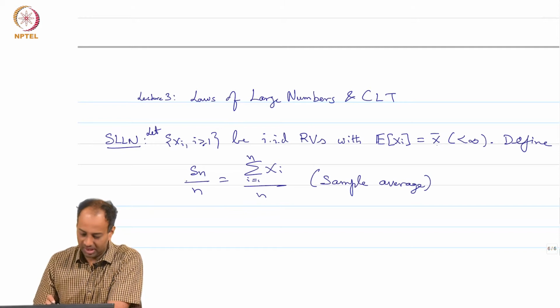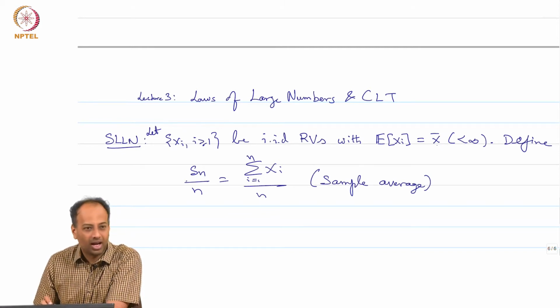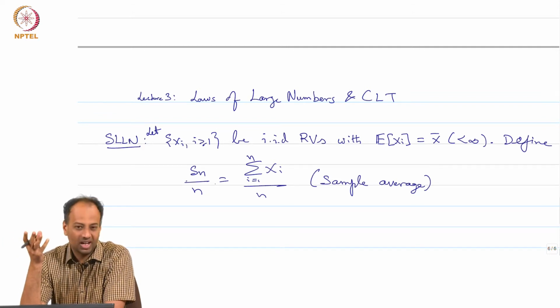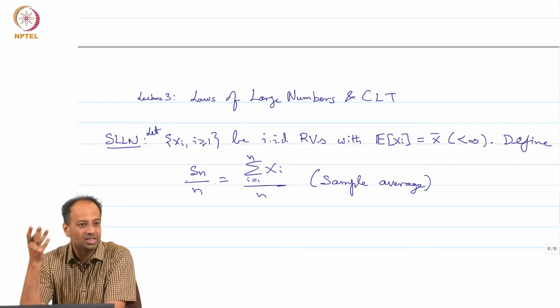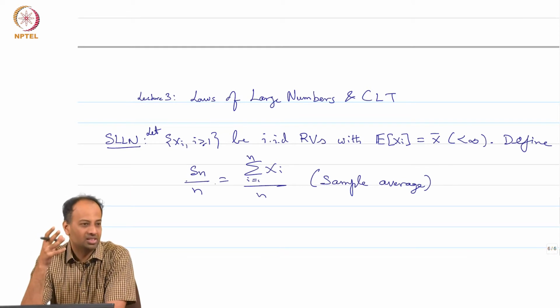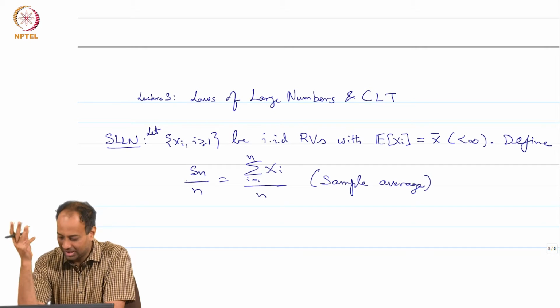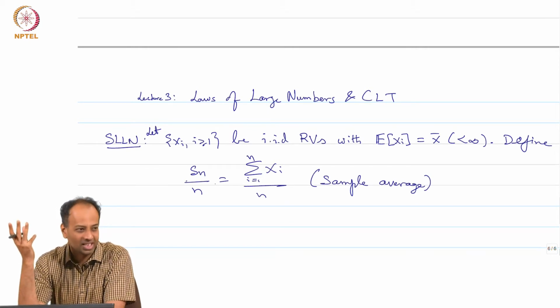Then you generate a million IID samples of these random variables xi, and you take the sample average: you sum all of them and divide by the number of samples. The laws of large numbers generally deal with the sample average getting close, in some sense, to the so-called ensemble average, which is the expected value.